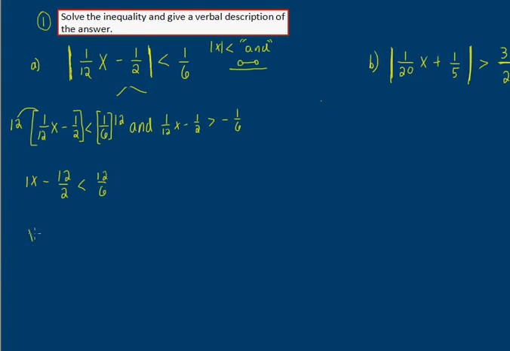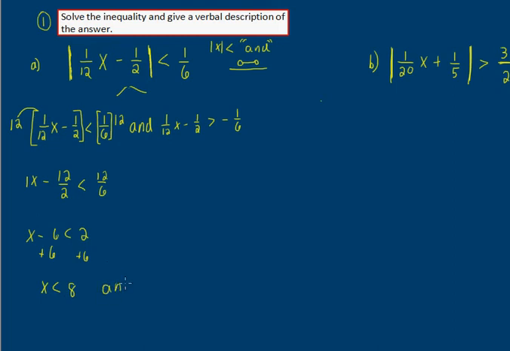So this is x minus 6 is less than 2. Okay, that simplified things quite nicely. I can just add 6 to both sides, and I have that x is less than 8.